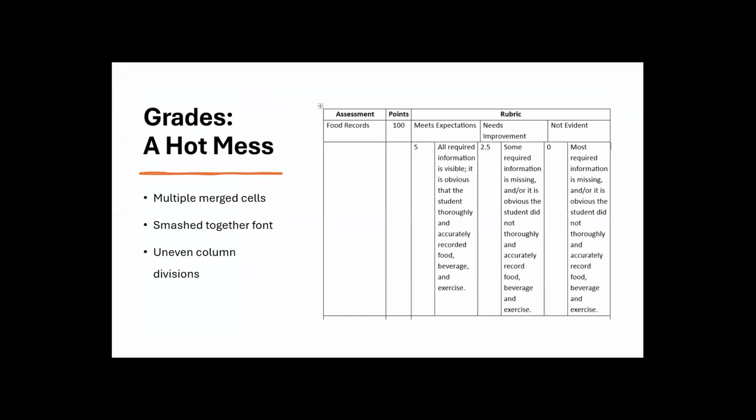There's also some people who continue to insist upon using tables to describe grades. And you can see here, this is something that is in fact a hot mess. First of all, there's many merged cells, but do you see how some of them it's off a little bit? Like, this is not in line with this.